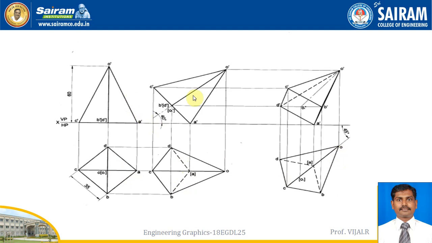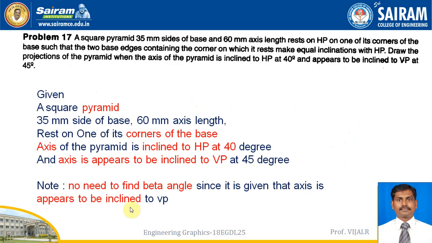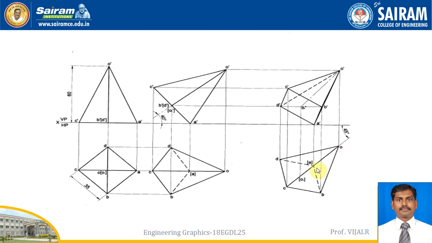So first the corner position, tilting this is not a matter, draw the top view. Here the corner position, draw the 45 degree line, since the axis appears to be inclined to VP at 45 degrees, and then copy fully here. That's all, it's over. Once you have copied this, draw the projection and project here. So the front view, as I said, this bottom face is visible and this apex is here.